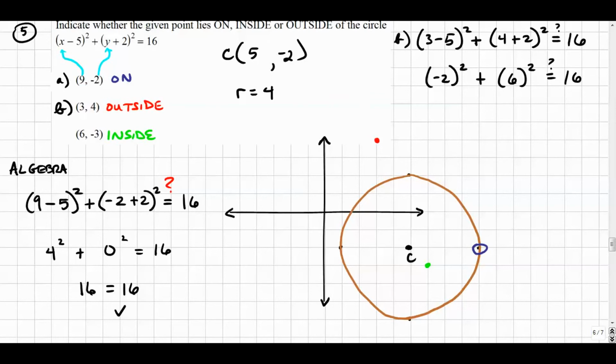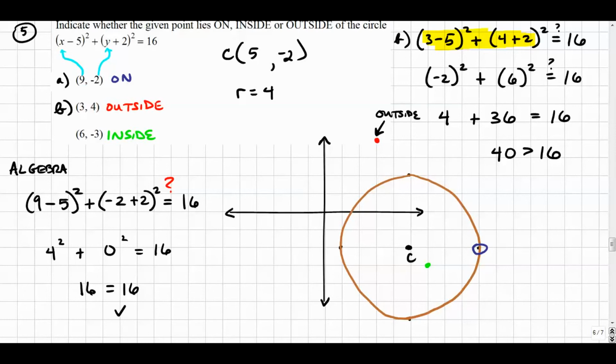This is positive 4, this is 36. Clearly that does not equal 16. 40 is actually bigger than 16. When the whole left-hand side with all the variables in it is bigger than the radius squared, that's when it lies outside the circle.